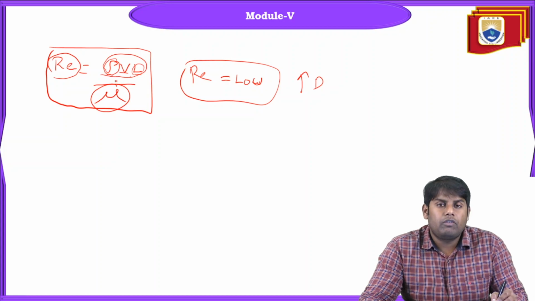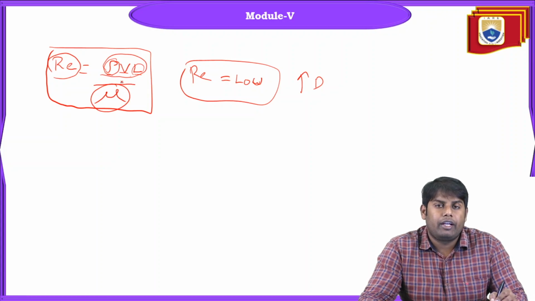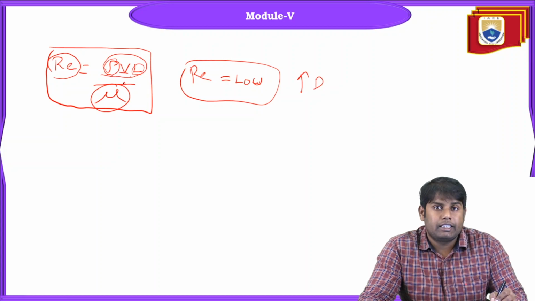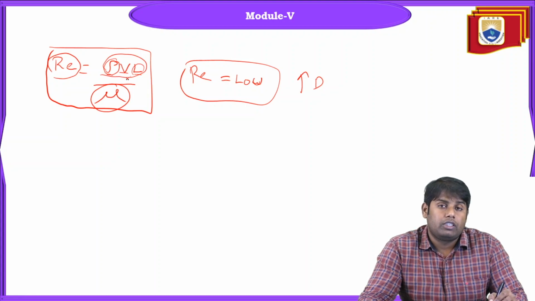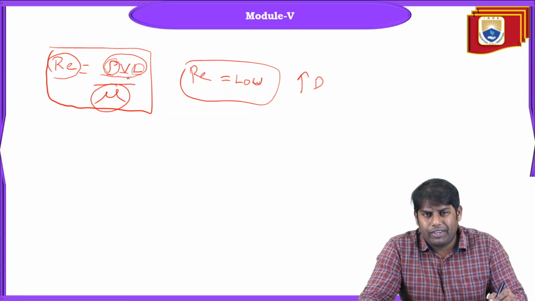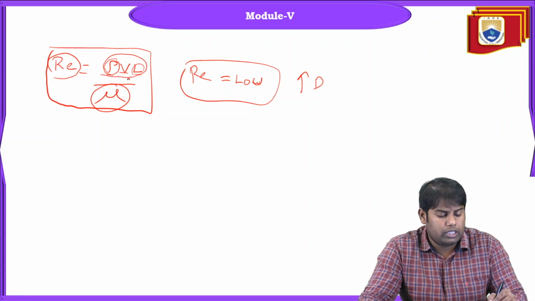Examples of low density fluid are rarefied gases, or gases with negligible viscosities. Then low velocity fluids, which travel at low velocities, and low reference length.